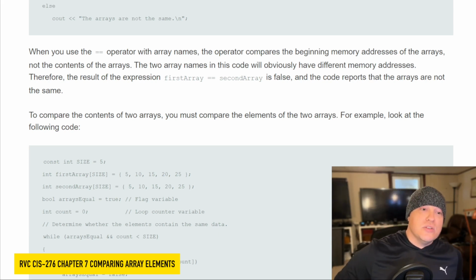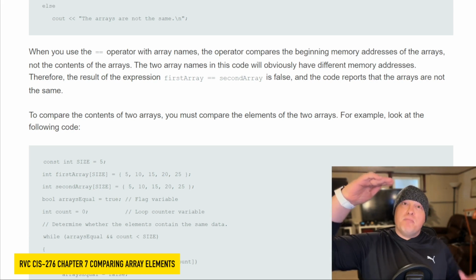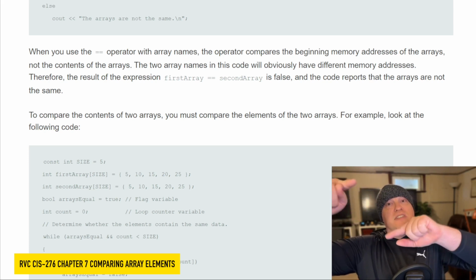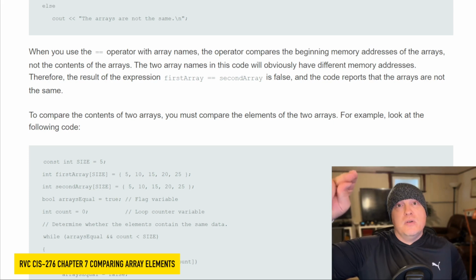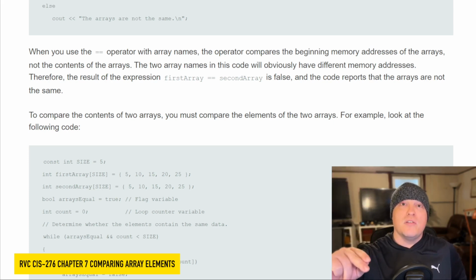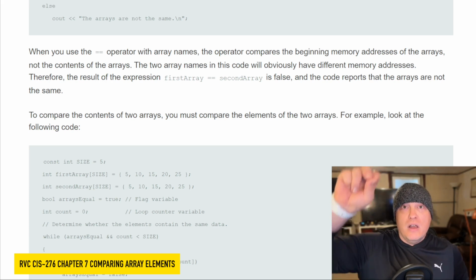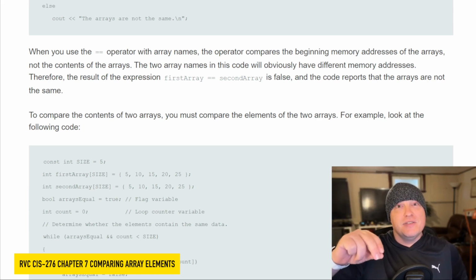What we need to do instead, and again, this is on page 410, and you can see it back here behind me, is compare the elements of one array individually to the elements of the other array. So we have to compare element 0 of array 1 to element 0 of array 2. If those are equal, we can then go to compare array 1 element 1 to array 2 element 1.